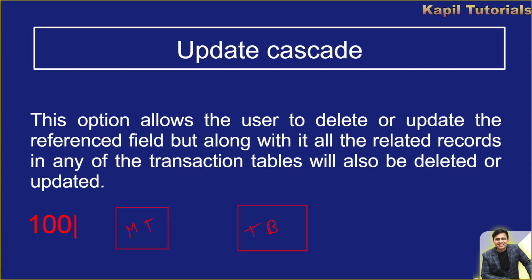Now, if the 1001 record is present here and it is present here also, and I'm using update cascade and I want to delete the 1001 record from the master table, then all the related records from the transaction table will also be deleted. That means if I'm deleting it from here, then it will be deleted from here also. Earlier, it was not allowing me to delete anything. So records deleted from the master table will also be deleted from here.